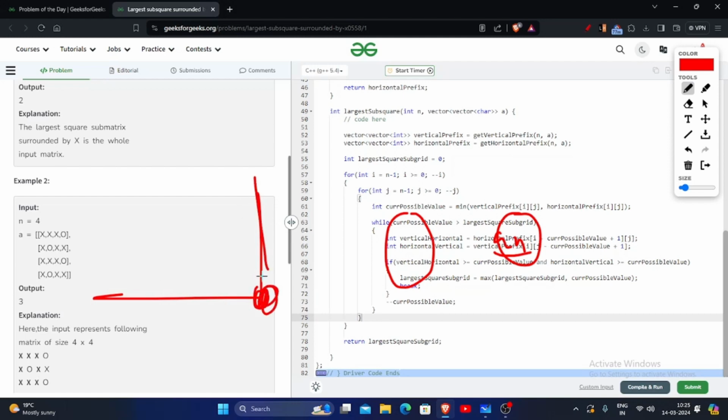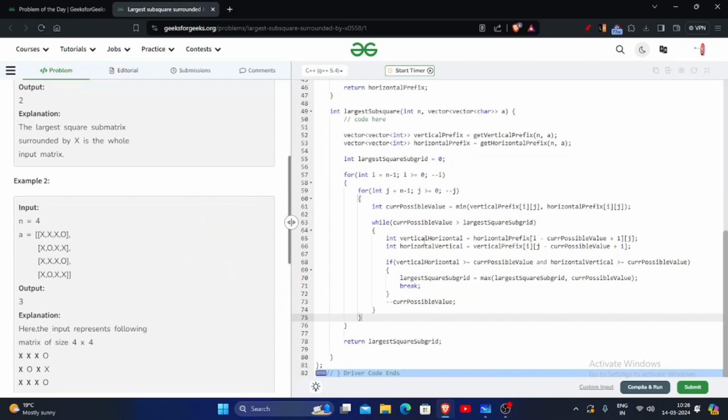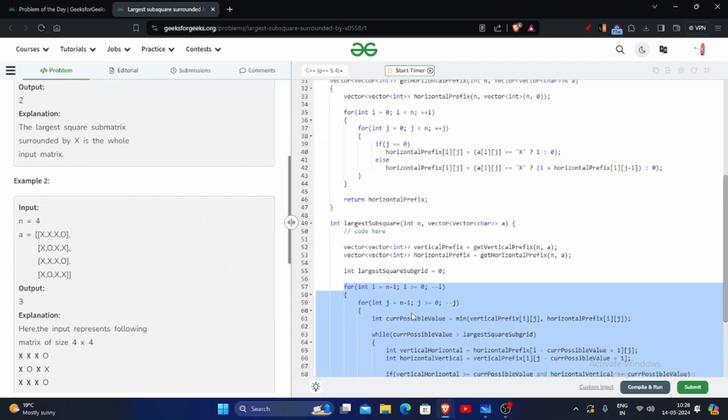Next time you are here, it has already reduced to n minus 1. So maximum it runs for n times here, then n minus 1, then n minus 3 times. So that's why this is order of n square only.